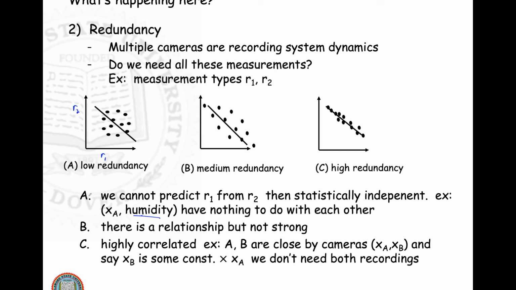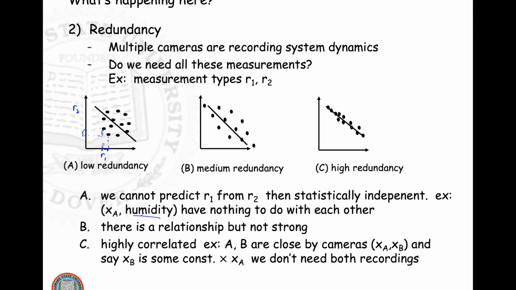Now, frame A is an example of low redundancy. Let's go along the R1 direction for that measurement. If we increase R1 from this point and take a unit step to the next point, we see that R2 has some decrease, right? R2 decreases from that higher value to this lower value.